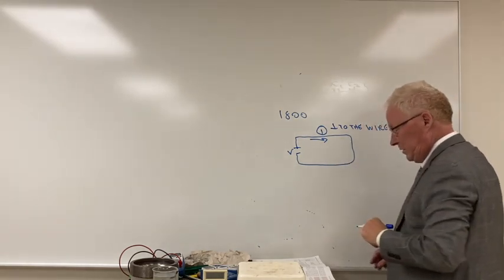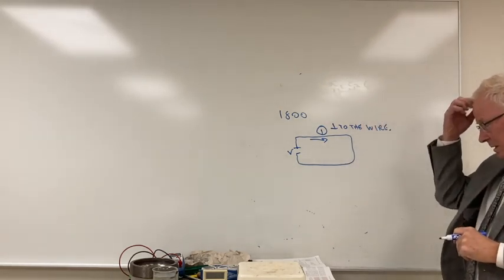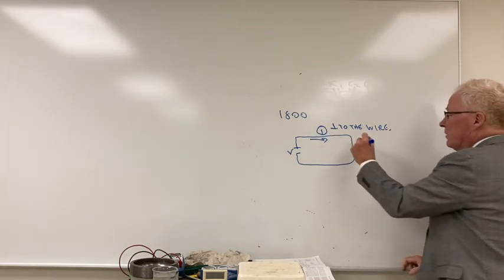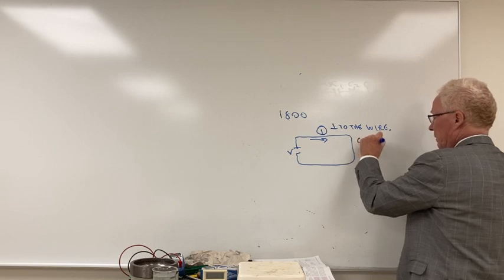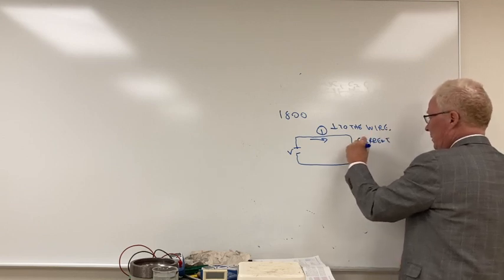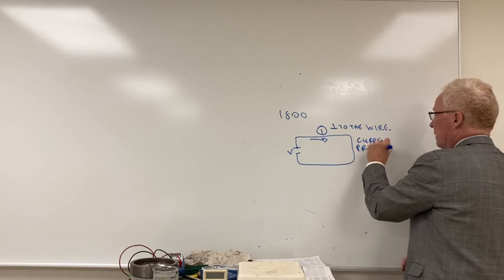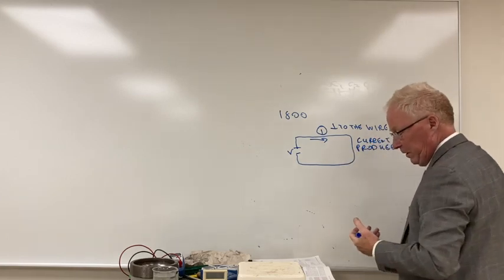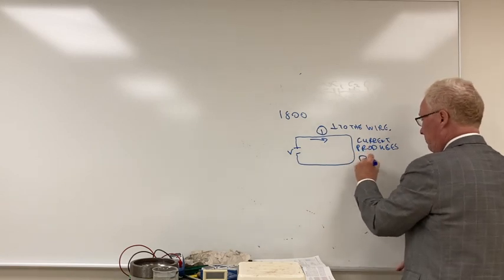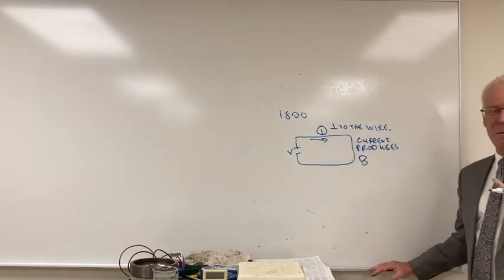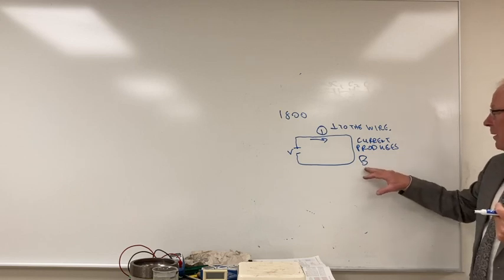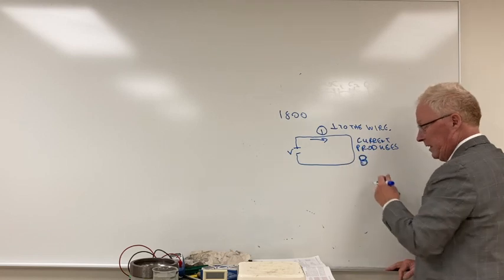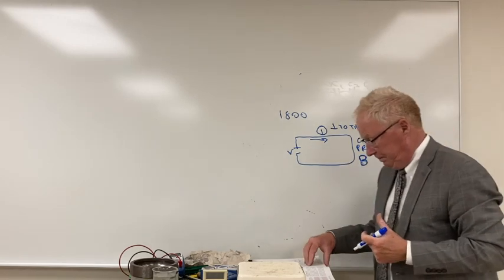So what does this mean? It turns out that this current is actually producing a magnetic field. Current produces what we call a magnetic field, and we use the letter B for that. There's also M, but for the most part we use B for magnetic field, and we'll get into that in a minute.